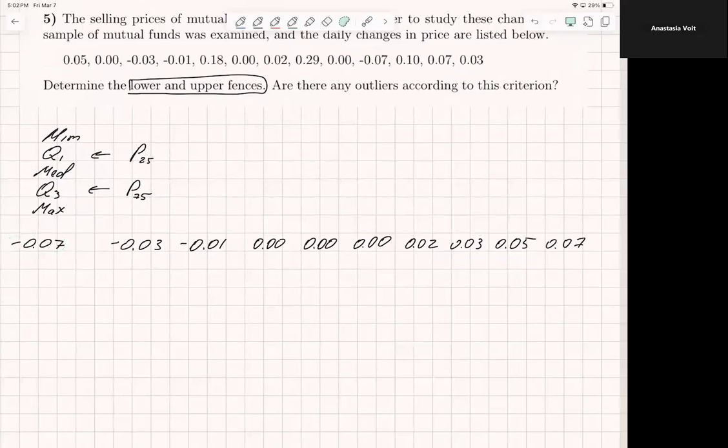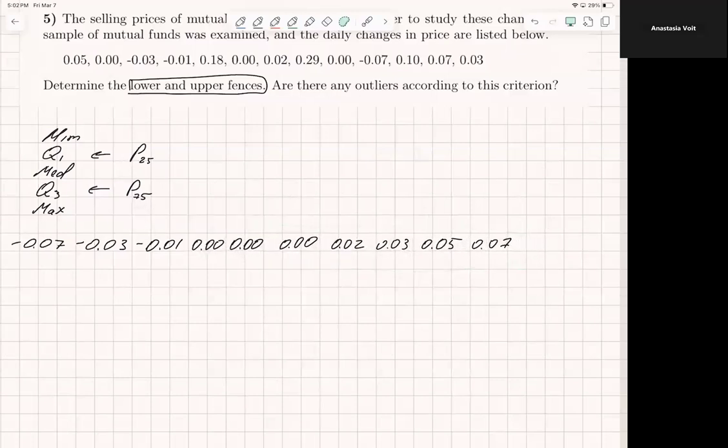Let me probably move these a bit closer to each other so that I have a bit more space. We have 0.10, 0.18, and the last one is 0.29.